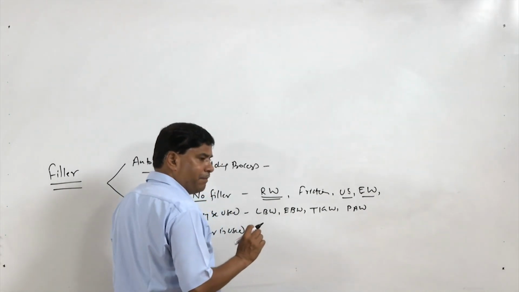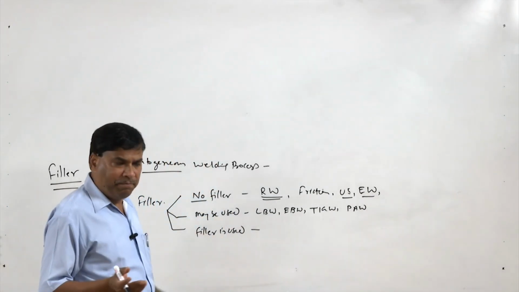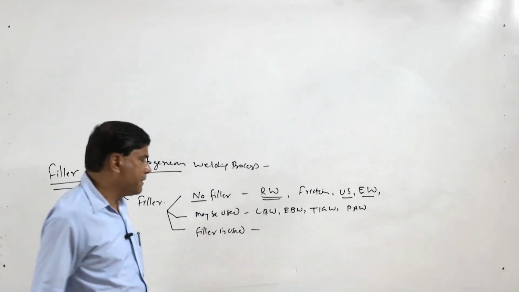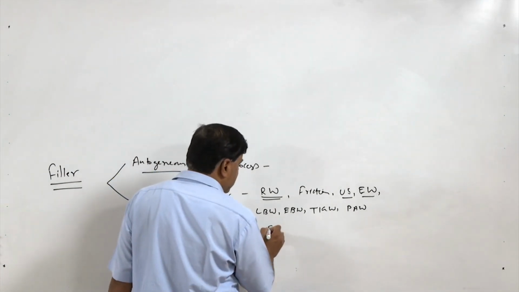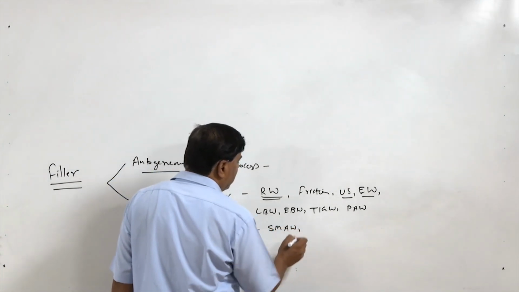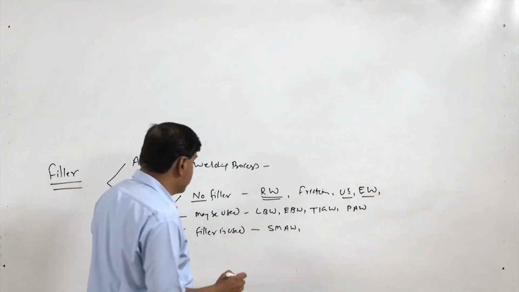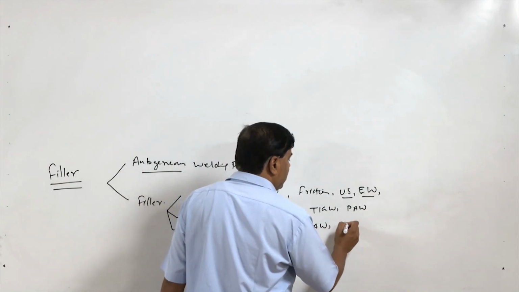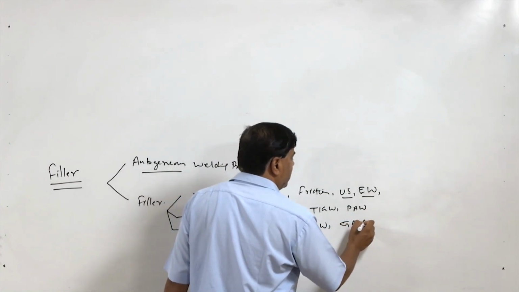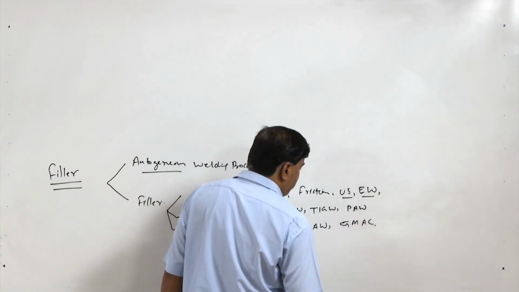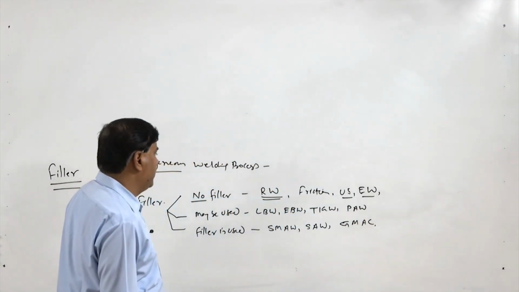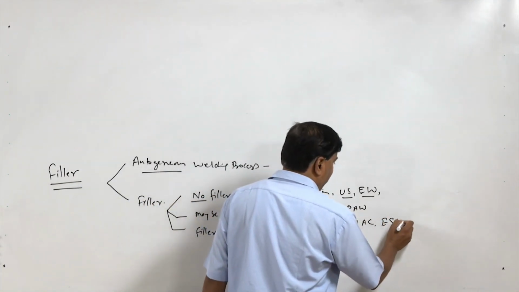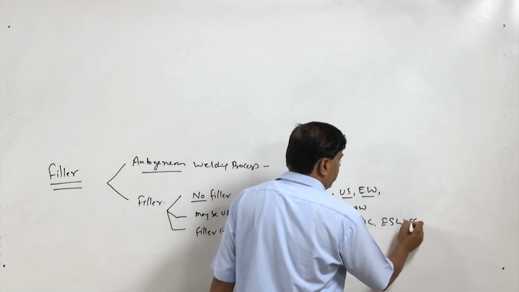In this case the arc is established between the consumable electrode and the base metal. So these processes are like shielded metal arc welding, also known as manual metal arc welding, the submerged arc welding process, the gas metal arc welding process, also known as MIG, the electro slag welding process, and the electro gas welding process.